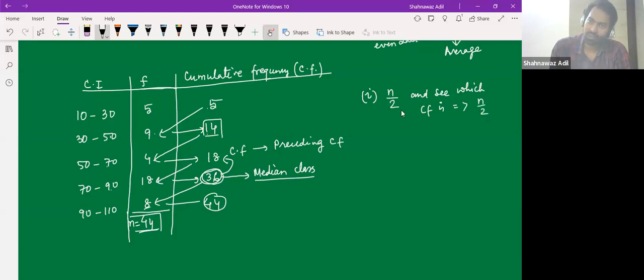Then you select that class as the median class, right?